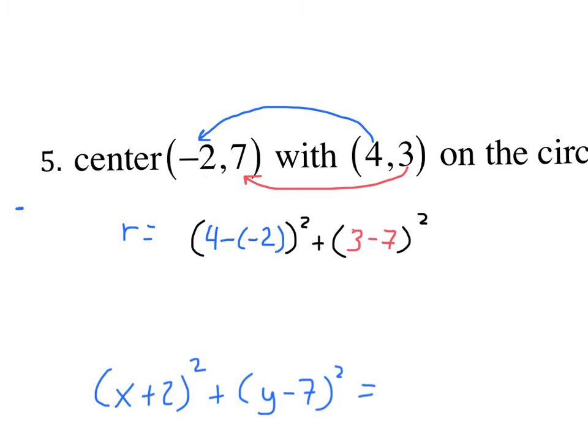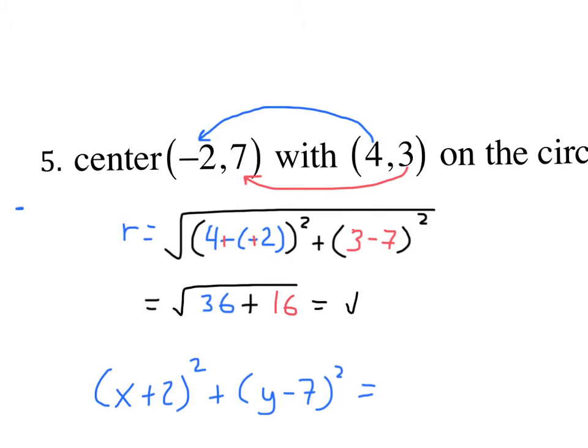Plus in between, and radical here. So now when we simplify this, double negative is positive, 4 plus 2 is 6, so I can put a 36 right here. 3 minus 7 is negative 4, and squared is positive 16. And I'm going to put a radical around that.